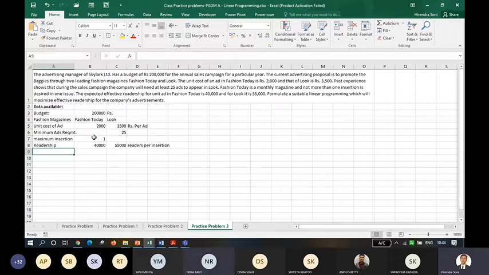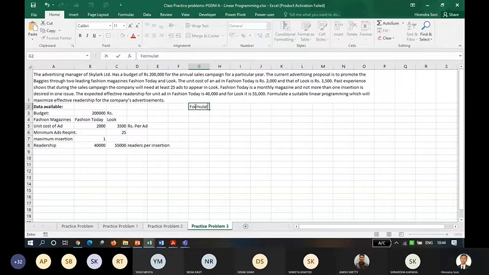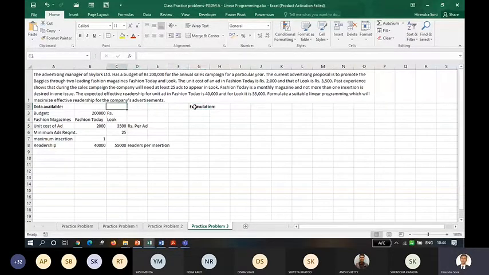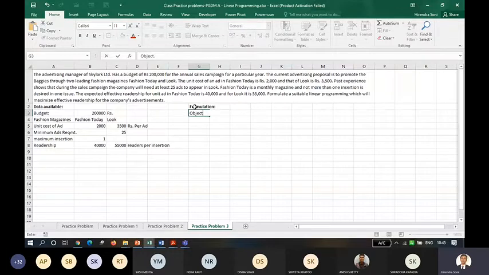First, we should start with it is always preferable to list down the data that is available with you, and then we will start with formulation. When we start with formulation, the first thing is always to set the objective.